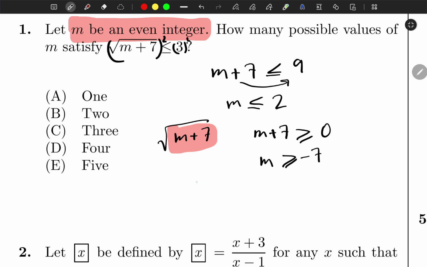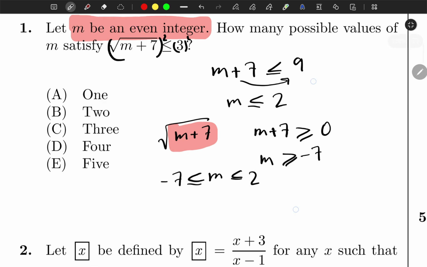So if we combine both these values, we get m is greater than or equal to minus 7 and less than or equal to 2.